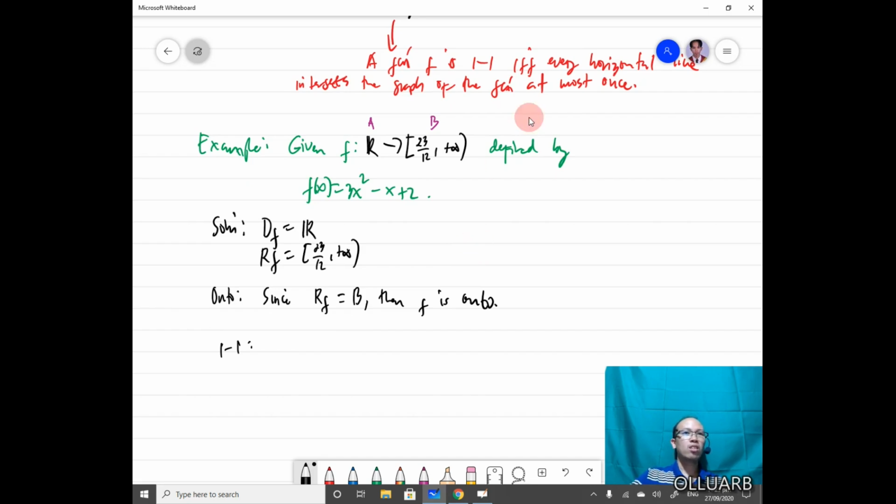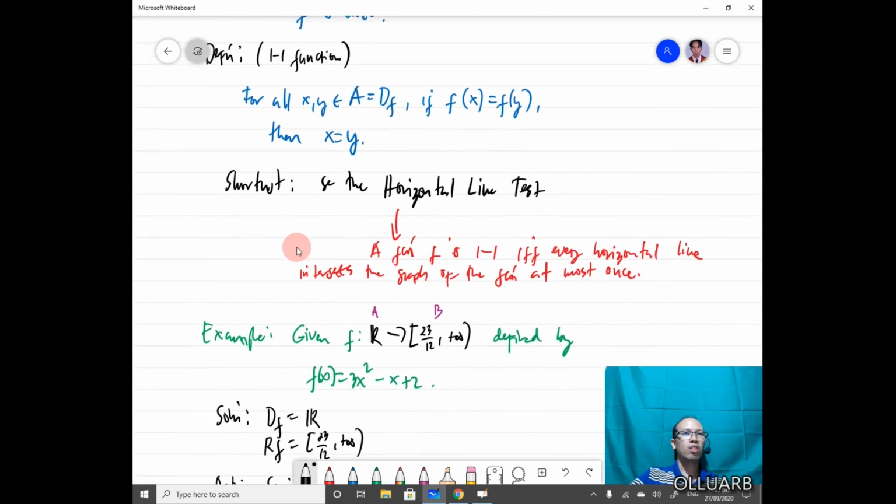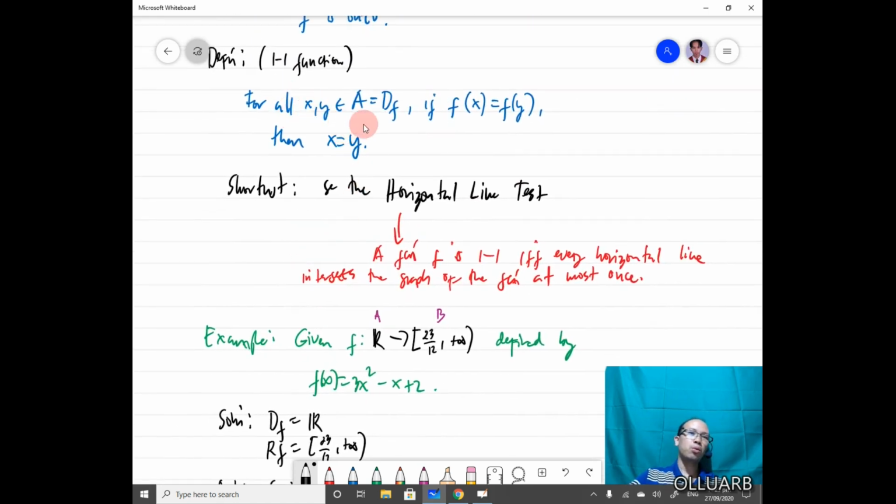Okay, so for the one to one, it says there at the top: you have to pick a value from the domain and then substitute it here and then show that x is equal to y.